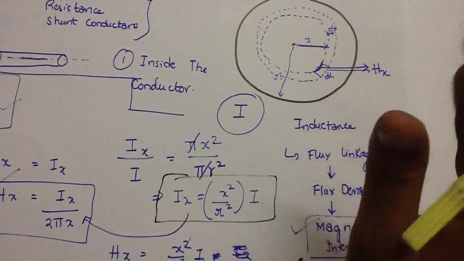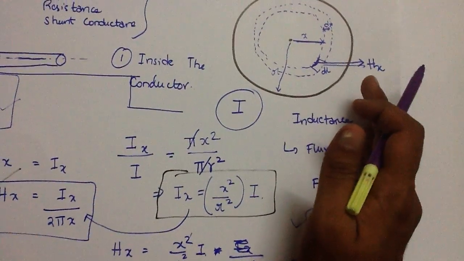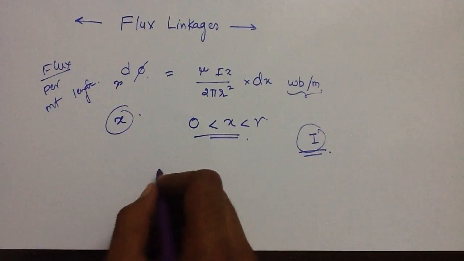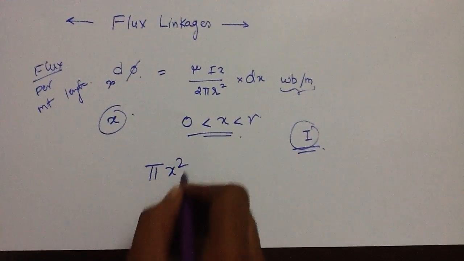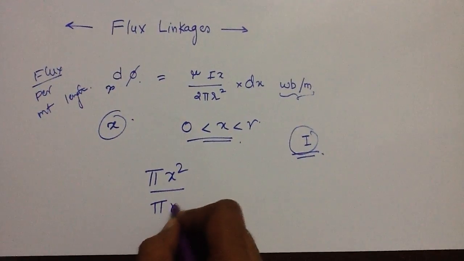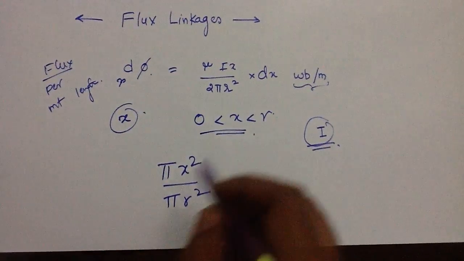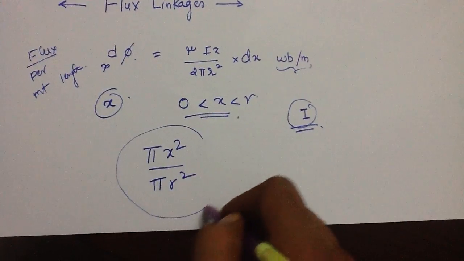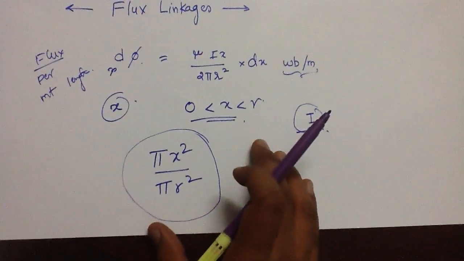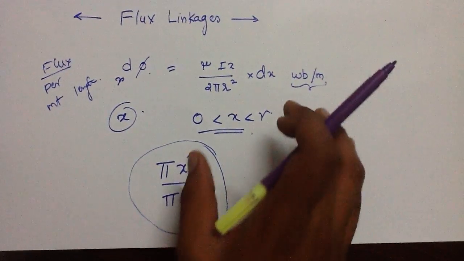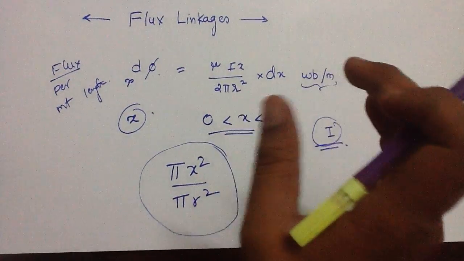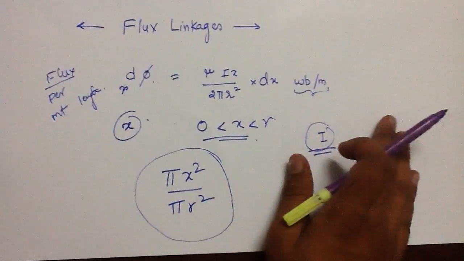It links with only a part of the current, and that part of the current is pi x square by pi r square. So this part of the current is enclosed by our flux line.